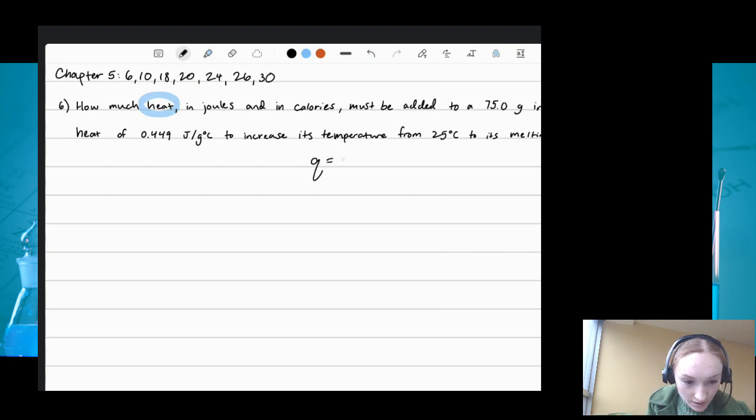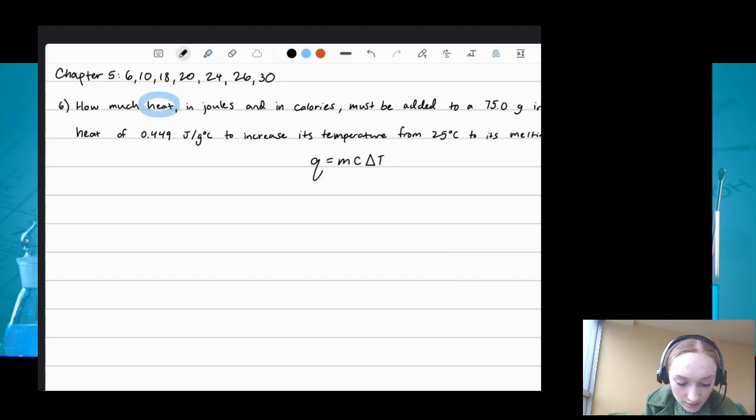Q equals, I always remember as MCAT. So it's MC delta, so change in temperature. I always think the delta looks kind of like an A. So you could say Q equals MCAT. It's pretty easy to remember if you're having trouble remembering that formula. But that is the formula we need to use to solve this problem.